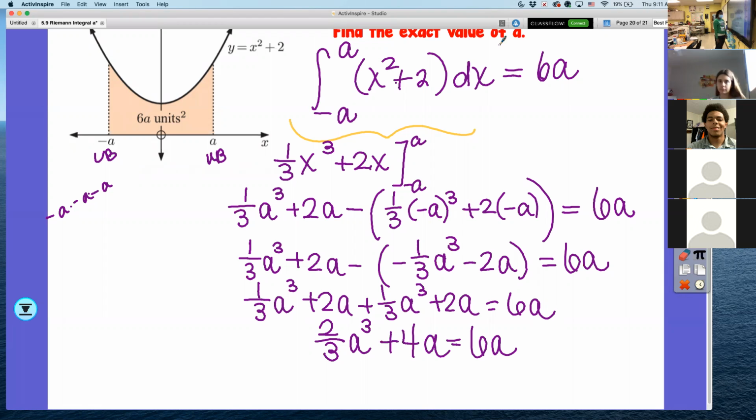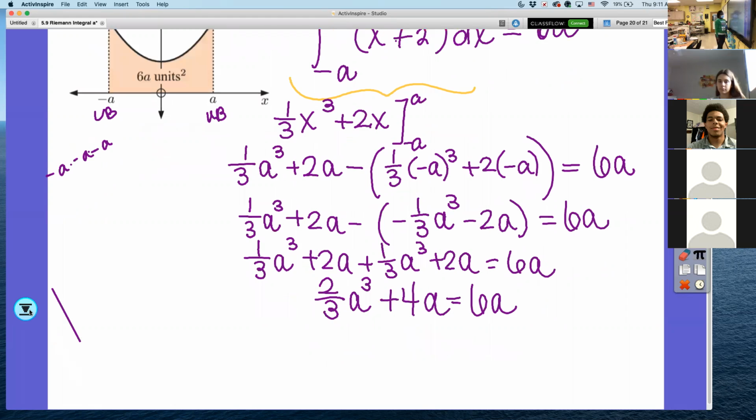So what do I do from here? Can you divide by a? Could divide by a, okay? I might lose a solution along the way if I do that. But that'll be a squared plus 4 is equal to 6. I do lose a solution, but it's not going to be the solution that I want, because if it's a cubic, I should have 3.